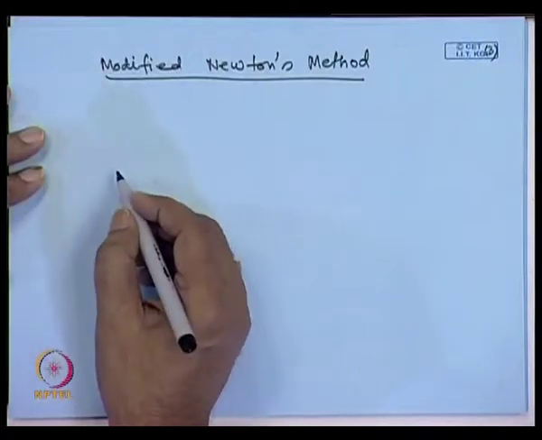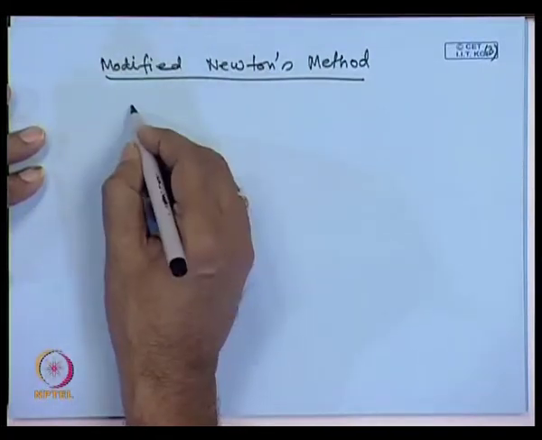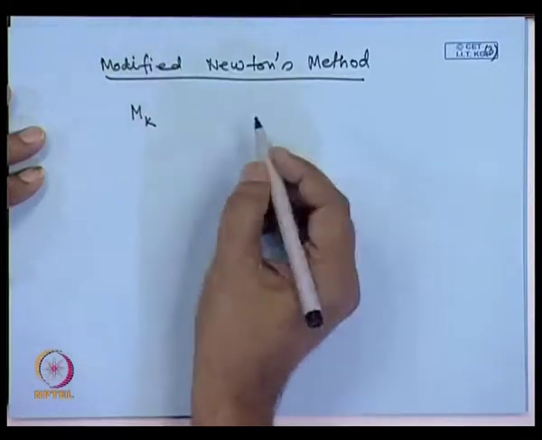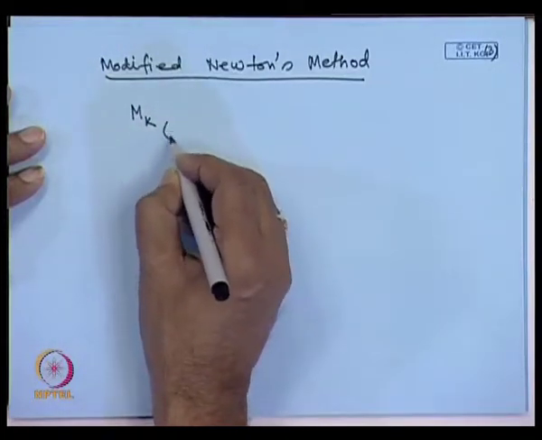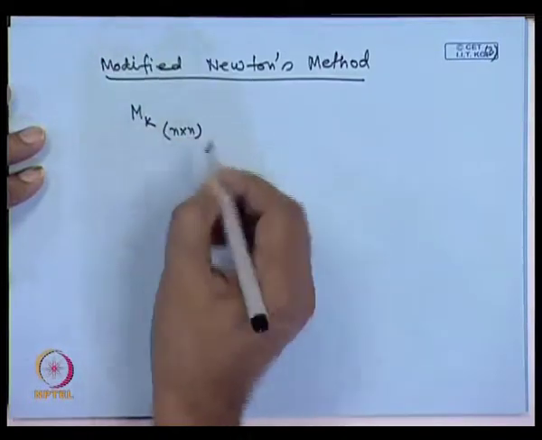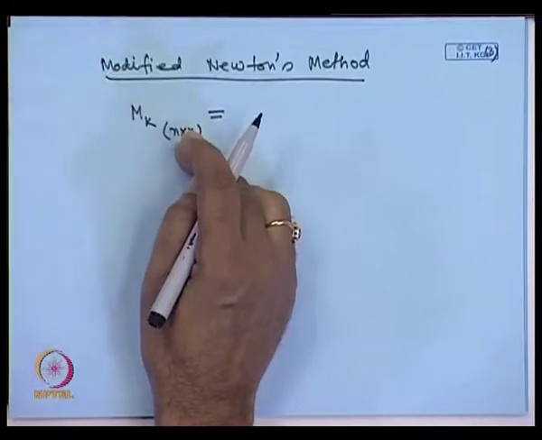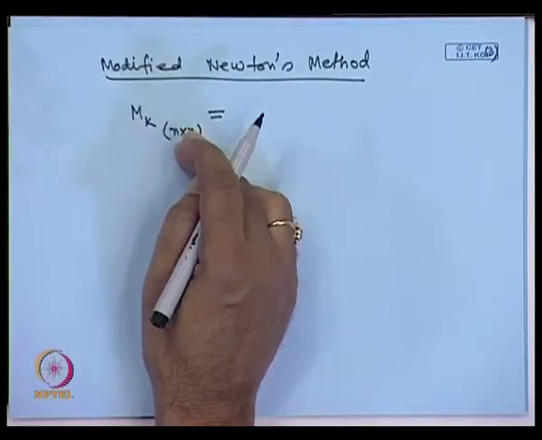Let us define a new matrix of the same dimension as the Hessian matrix, n cross n, where n is the number of decision variables x1, x2, ..., xn.